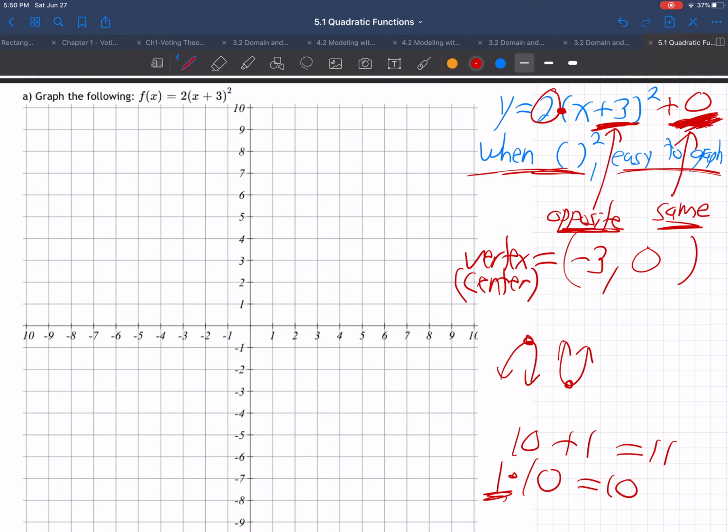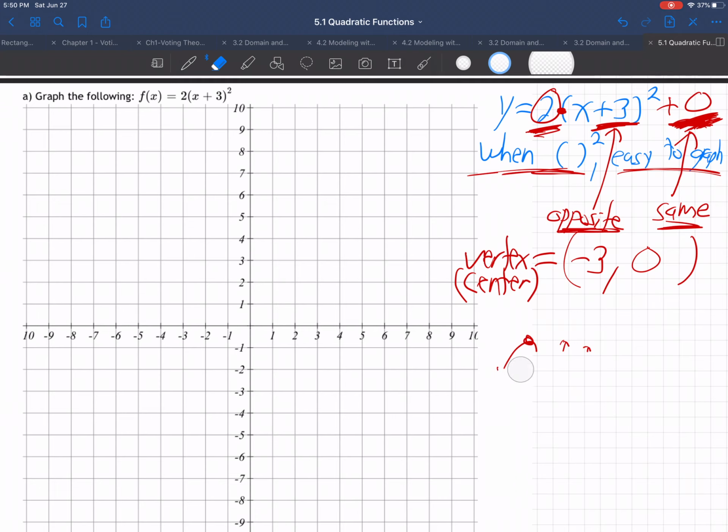If you're missing an added number, make it 0. Adding 0 changes nothing. If the number in the front was missing, I would say that's the same as multiplying by 1. Multiplying by 1 changes nothing, and adding 0 changes nothing, right? All right, so that's why we do that in math.